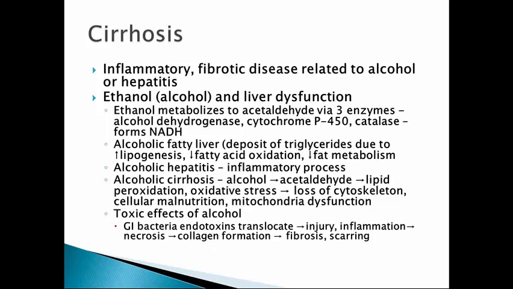It leads to oxidative stress. With that lipid peroxidation and oxidative stress, you begin to lose the cellular cytoskeleton, which will then, remember, once you lose that structure, that cytoskeleton, you're going to have alterations in cellular metabolism, and you're also going to have dysfunction of the mitochondria.